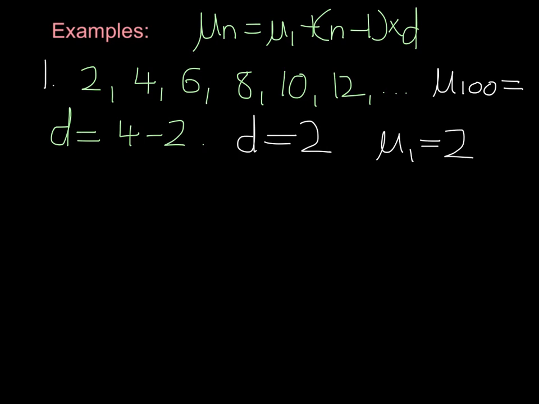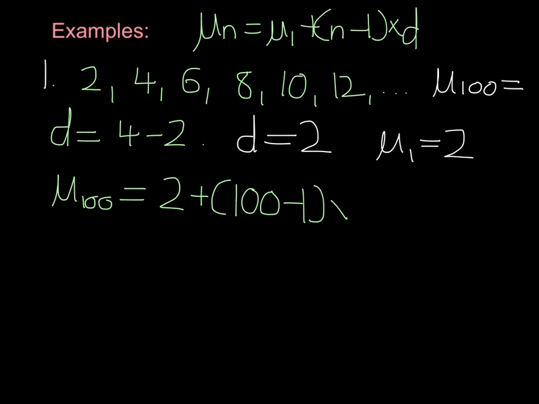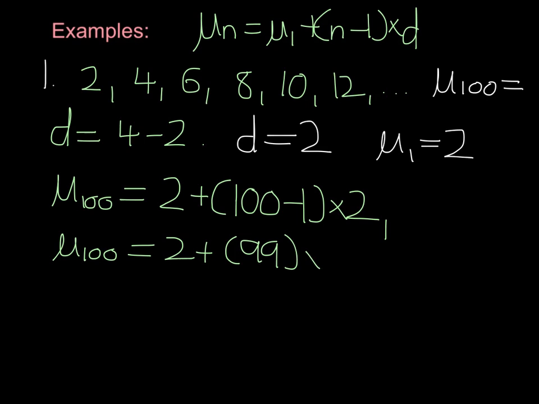So that's why we use the formula. u100 equals 2 plus 100 minus 1 times 2. So u100 equals 2 plus 99 times 2.